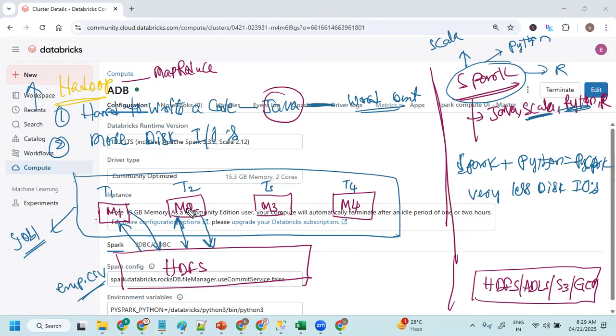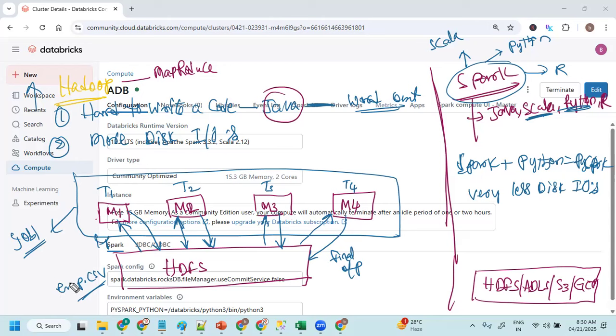Mapper 2 output will be taken by map 3. Again it does some transformation, and the output will be stored here. The output stored by M3 will be taken by M4. The final output you are going to store here. This is the final output.